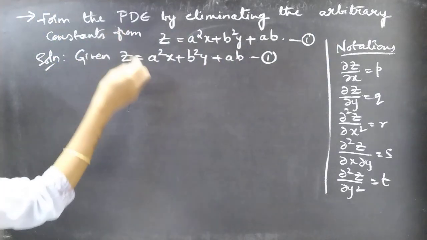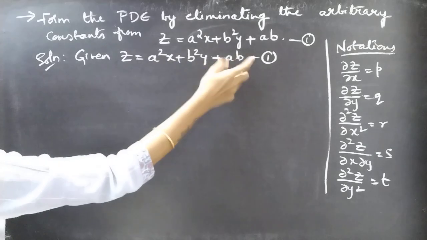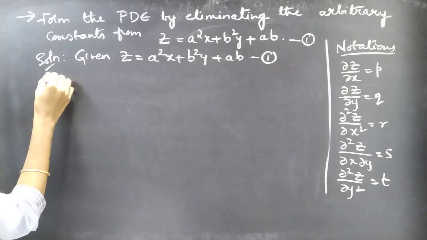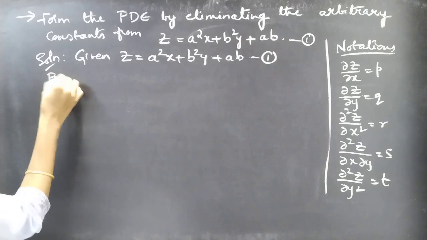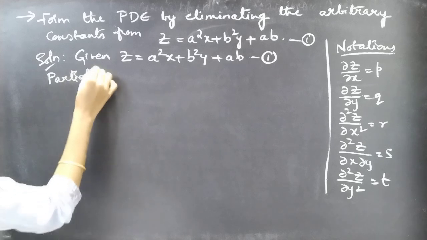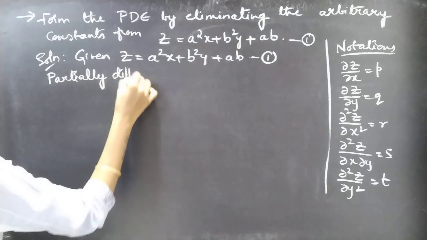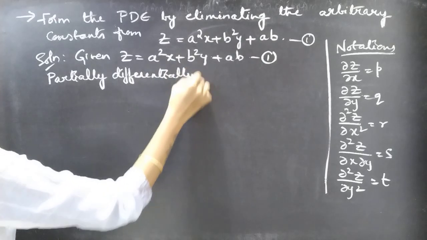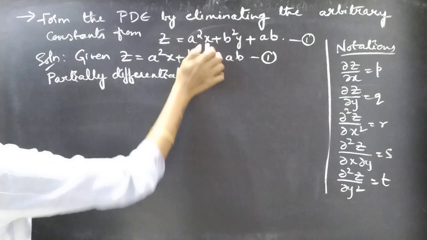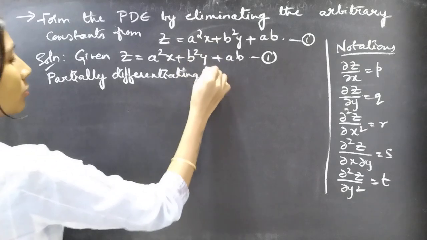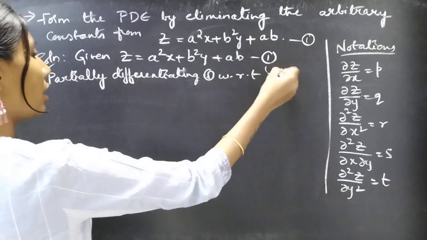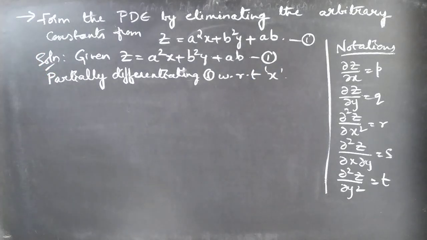And we are asked to form a partial differential equation by eliminating the arbitrary constants a and b from 1, right? So we'll just partially differentiate 1 with respect to x. See, first we'll see the detailed way partially differentiating 1 with respect to x, and later we'll see the shortcut, just by reducing the number of steps.